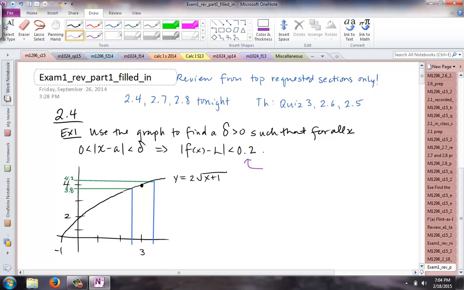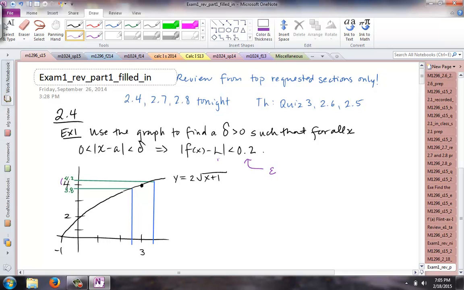So I don't have it right here on the screen, but what is the 0.2? What is that in the precise definition? It's epsilon, okay?